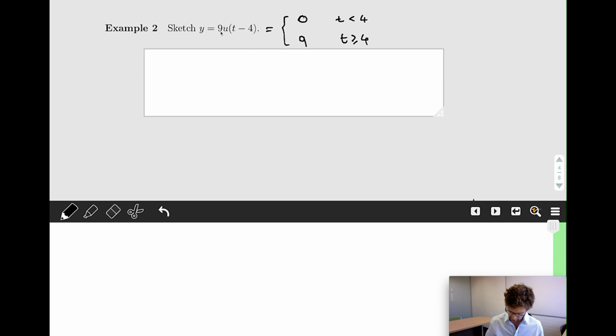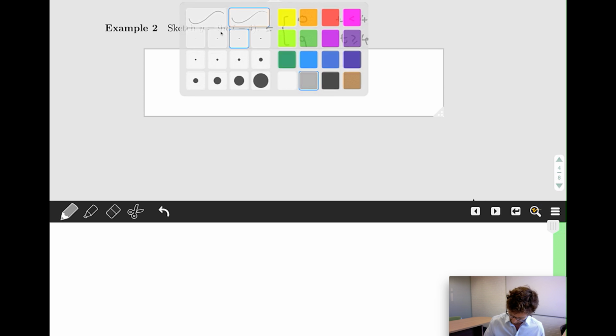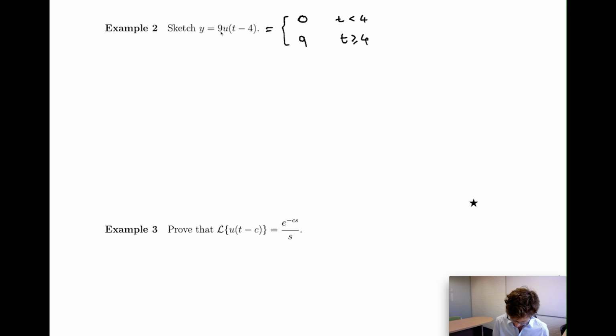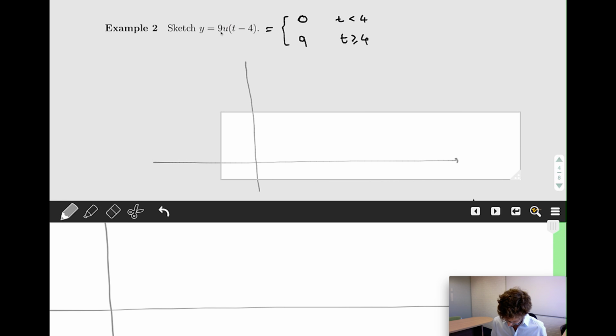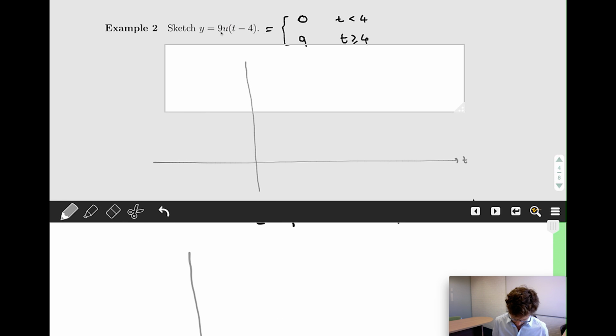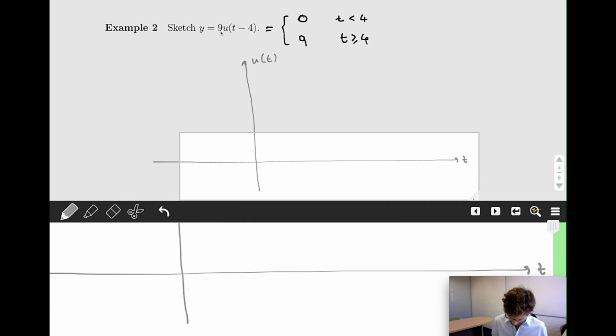Let's sketch what this looks like. It's going to take a value of 0 up until the point t is equal to 4.